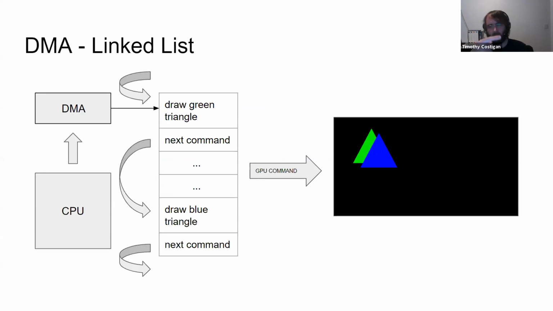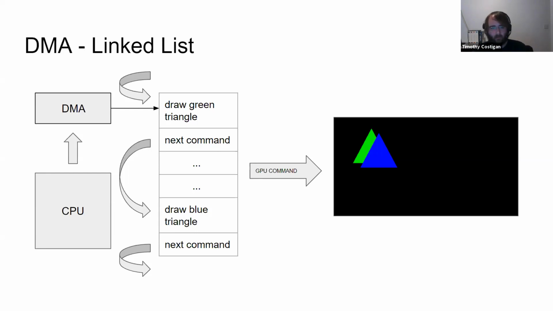So there's a command, and then there's the parameters for the vertex locations and the colors and things like that. So if you wanted to change the order of these rendering triangles, you would have to copy the instruction for rendering the green triangle down to be after the blue triangle, and you'd be copying a lot of bytes all around memory, and it would take up a lot of cycles.